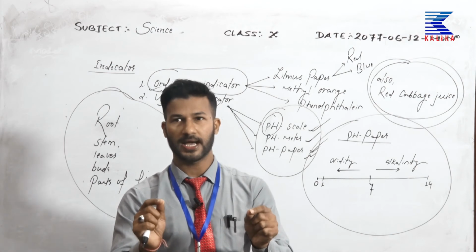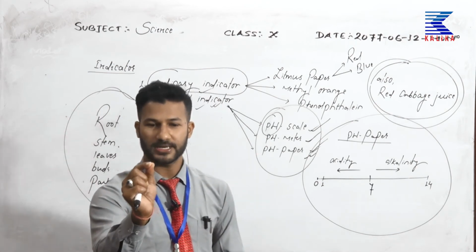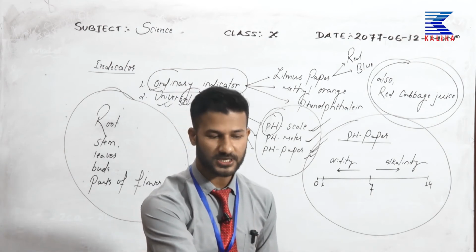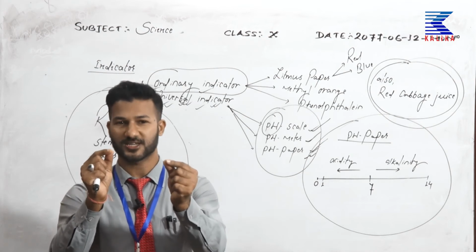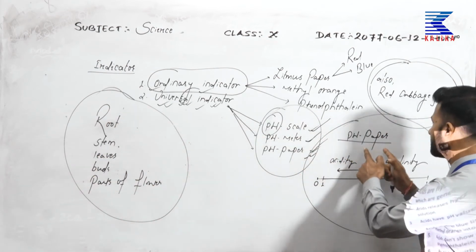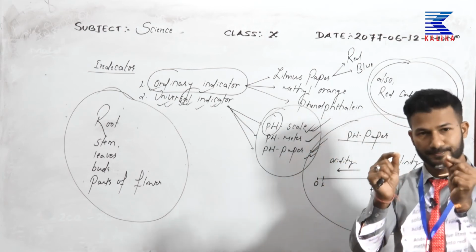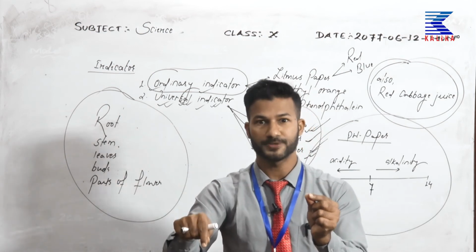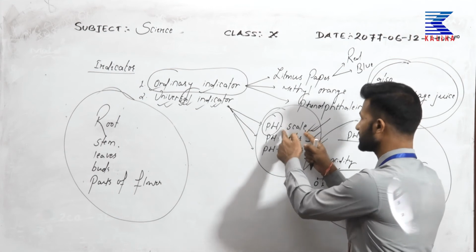It is a somewhat skin-colored paper, and when that paper is dipped into the given unknown chemical solution, it shows some change in its color, and that change should be tallied with the pH scale. Here is the pH scale. The change brought upon the pH paper is tallied with the pH scale.